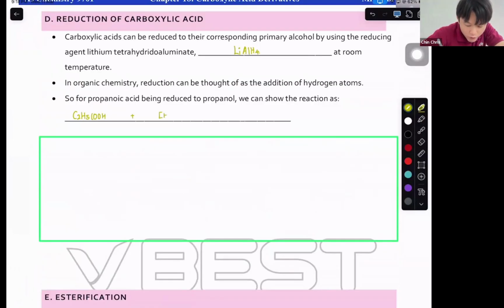I want you guys to balance the equation for me, and at the same time reduce this compound for me.